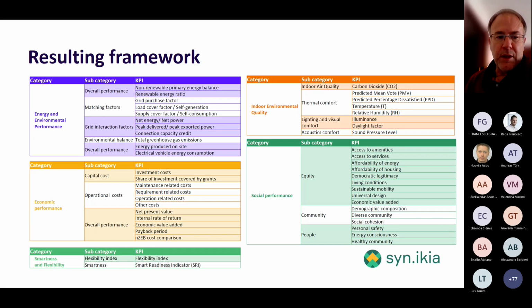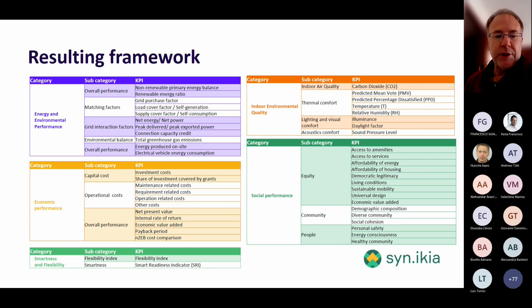Also, we have a bunch of indicators related with economic performance, capital costs and operational costs, and also assessment of the overall performance such as the net present value or the payback period, as has also been mentioned by Francesco in his presentation.